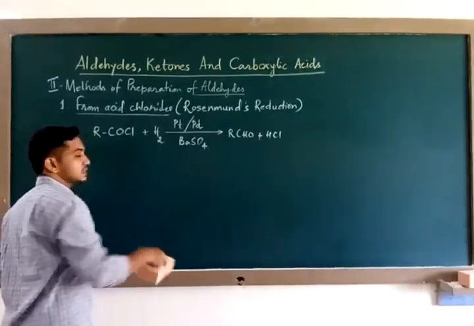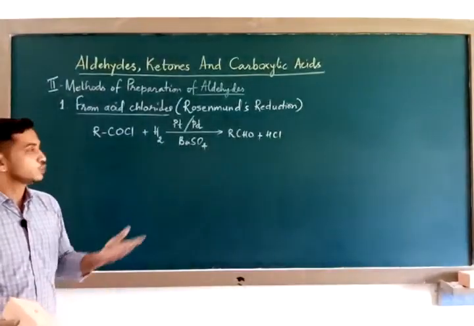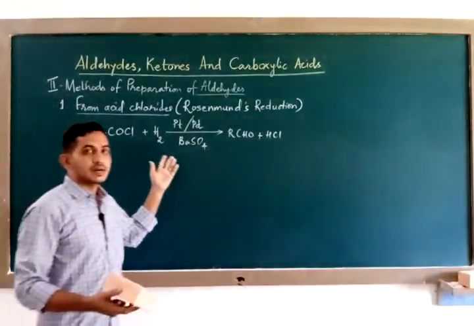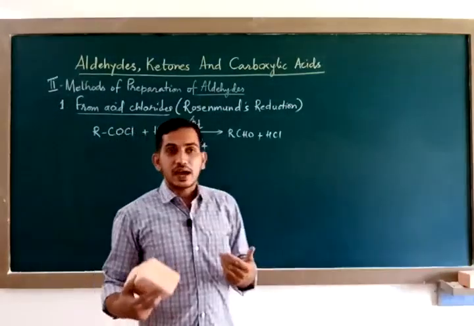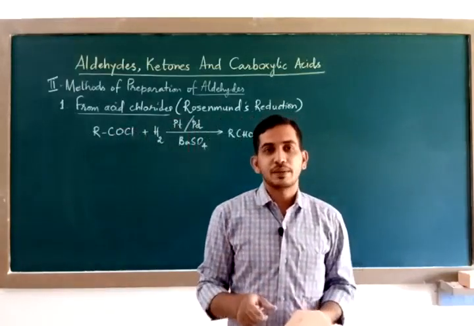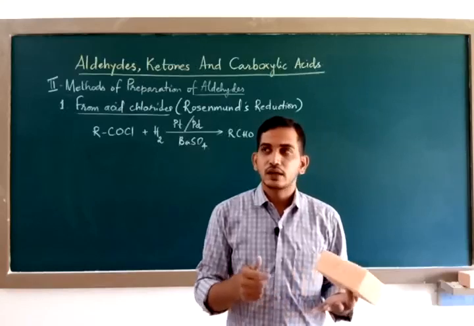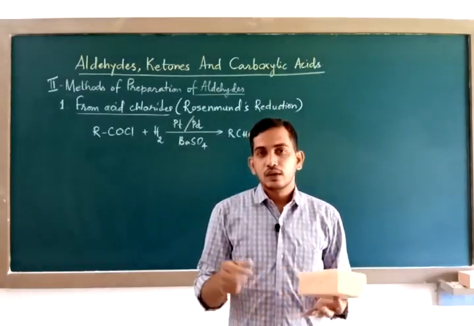For theory as well as other competitive exams, always remember named reactions are important. So it is one of the named reactions from the aldehydes chapter. And I should tell you that there are many more named reactions in this chapter than in the previous chapters like haloalkanes and haloarenes and alcohols, phenols and ethers.